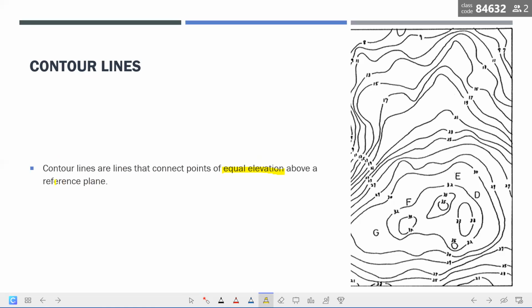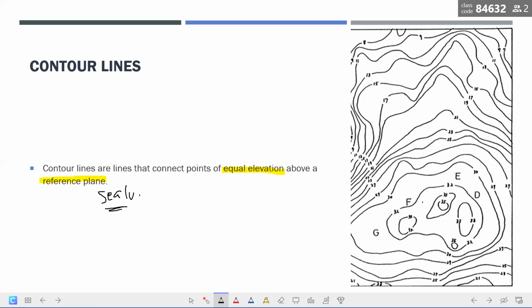Now the reference plane usually refers to sea level, but sometimes you can also use other points of reference as a reference plane.